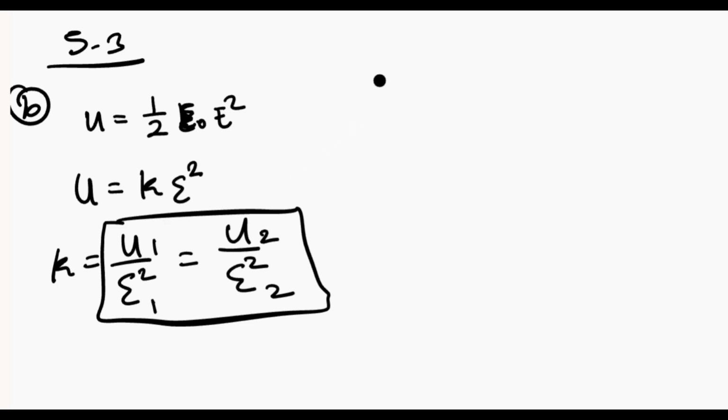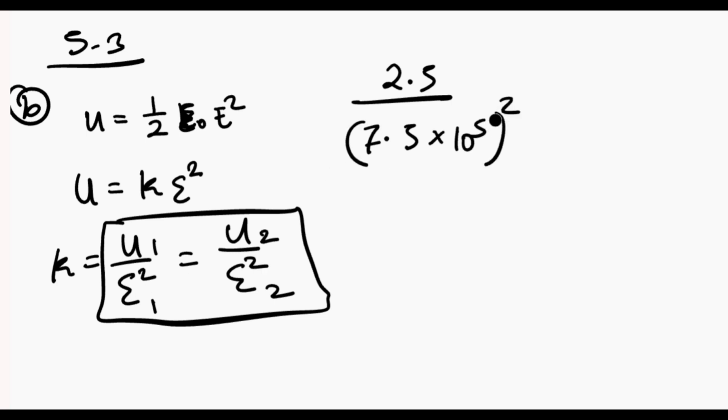What's our U1? Our U1 is 2.5 over, what's our E1? Our E1 is 7.5 times 10 raised to power 5, but this will be squared, following this formula. Will be equal to our U2. What's our U2? That's what we are looking for.